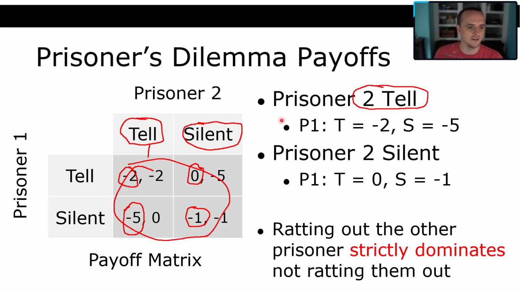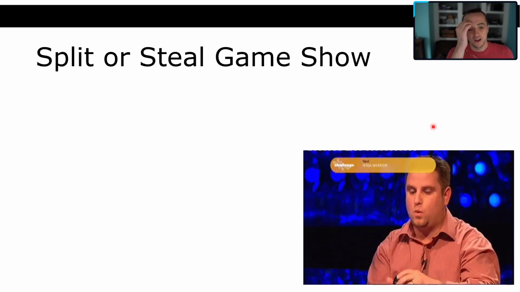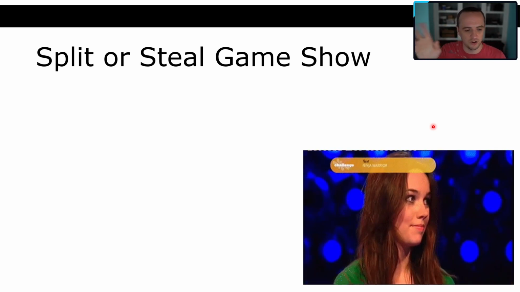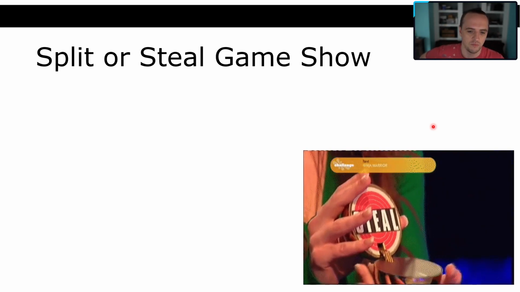So just keep in mind that that is not the correct answer, game theoretically speaking, all right? And again, if you did care about the sum of all of your jail time, then you would encode that in the matrix.